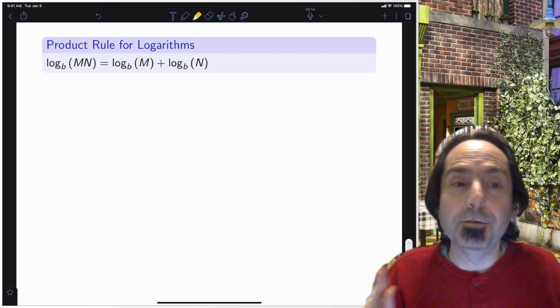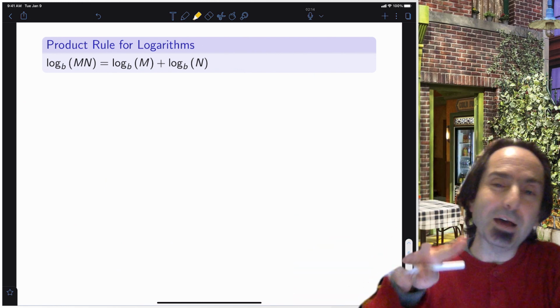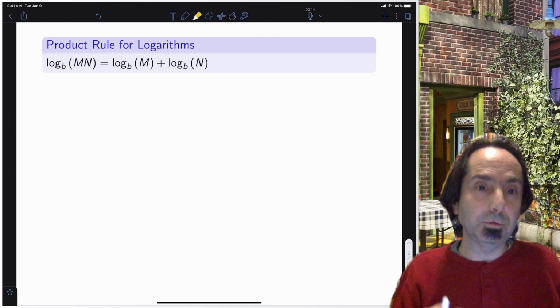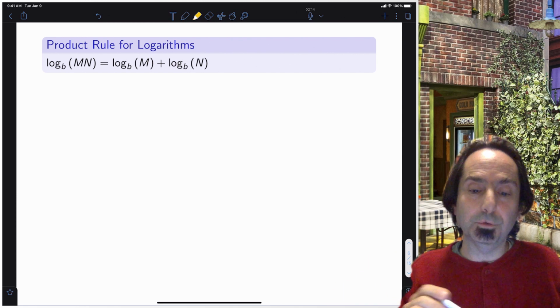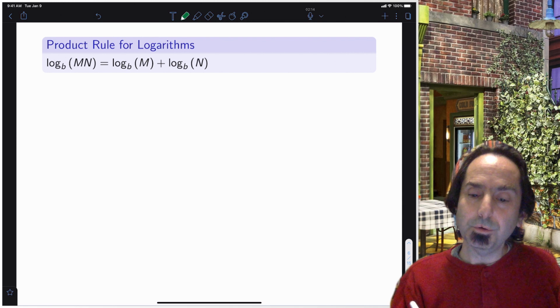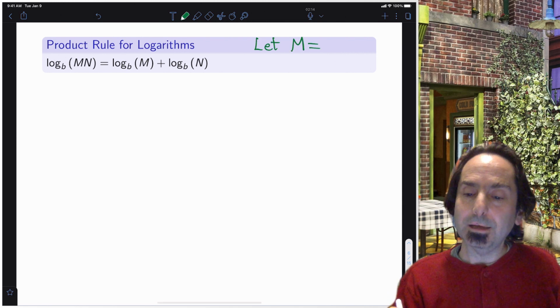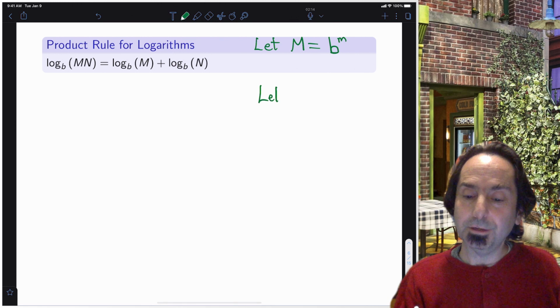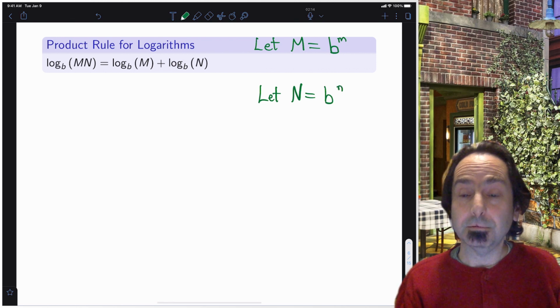Here's another of the important rules for logs. There's a top three. The three are the power rule that we just did, here's the product rule, and then there's going to be a quotient rule. What we're going to do is a substitution. Big M is a power of b, b to the little m. And we're also going to use n. Big N is also a power of b, b to the little n.